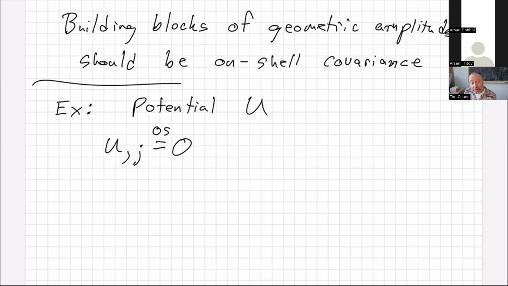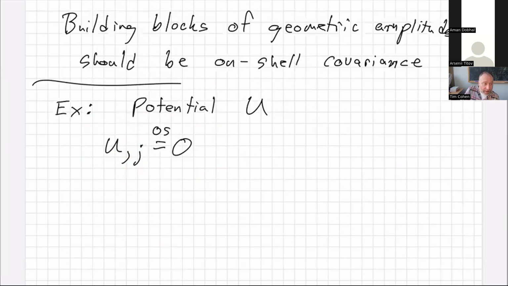That means we're at the minimum of the potential. Notice that here I'm using the standard GR notation, where I'm using a comma for a regular derivative with respect to some quantity. So here I'm taking the regular derivative with respect to the field with J index. This has to be true by definition.